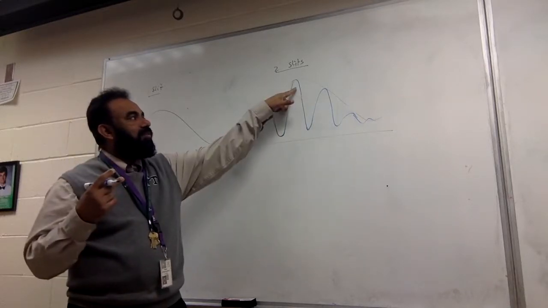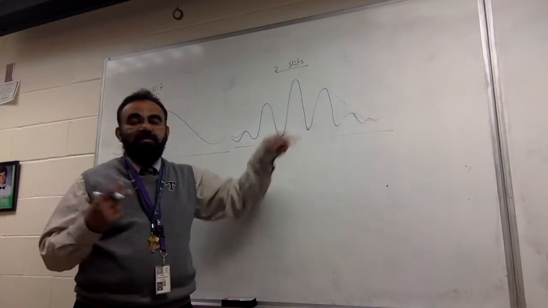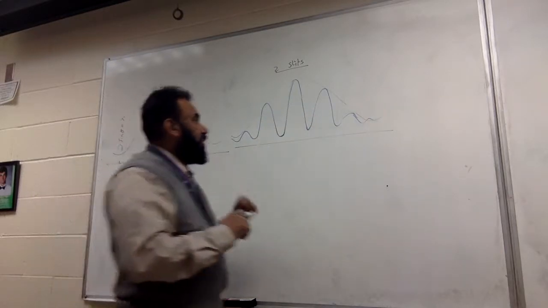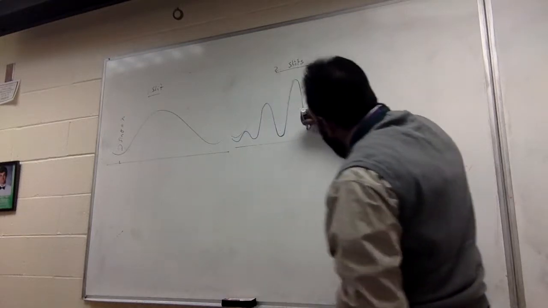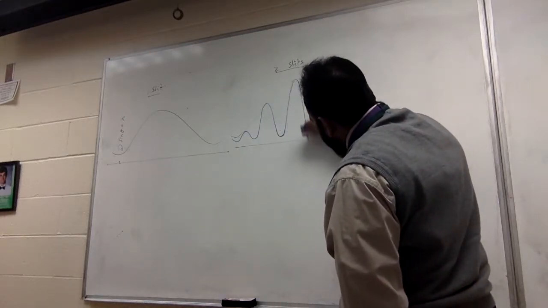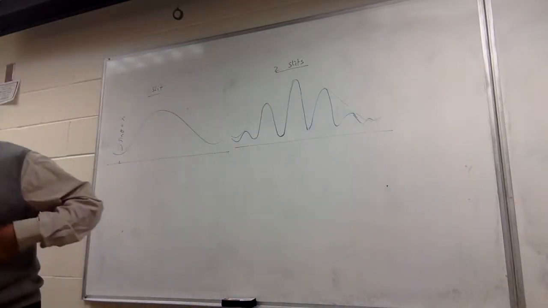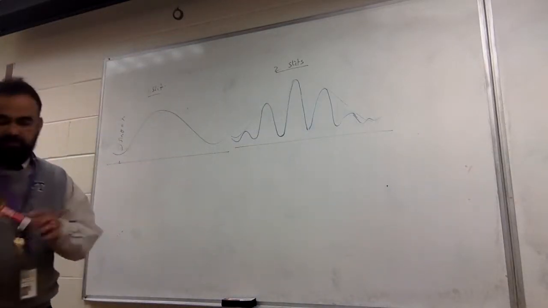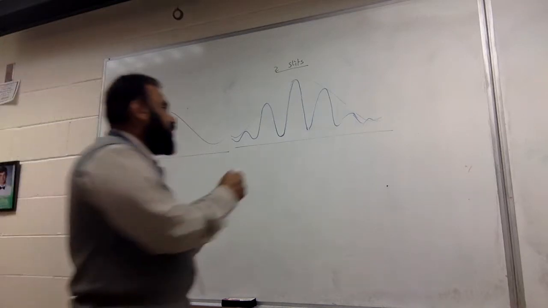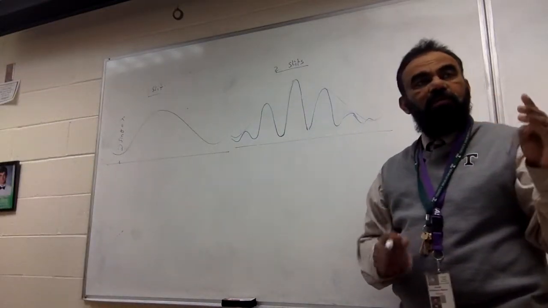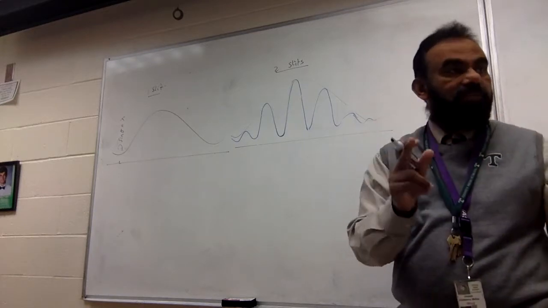So what you see here, the blue peaks, those are the interference peaks. And for interference, this position corresponds to the minimum of interference. The condition for this depends on the slit separation.